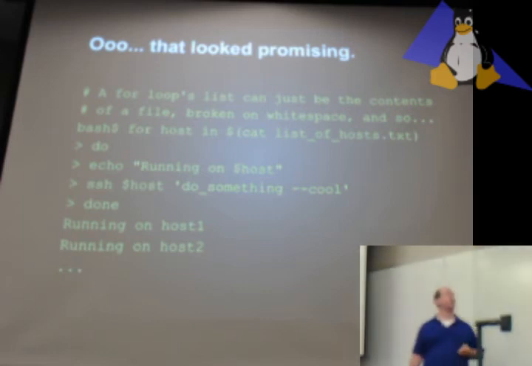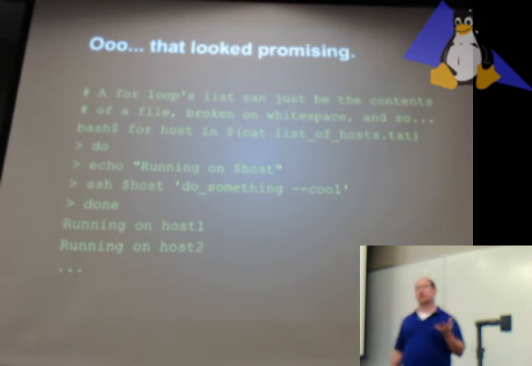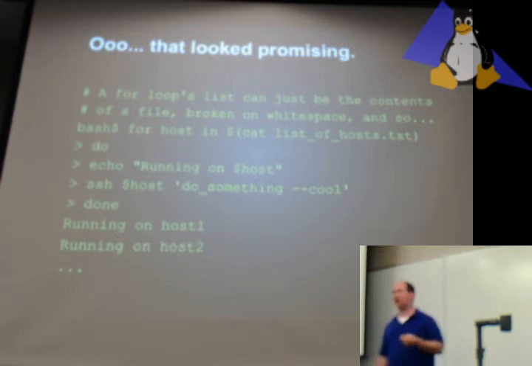So a for loop's list is just a list broken on white space, which can be entries in a file, with newlines and everything. So the $(...) is roughly equivalent to the backticks, so it just shows up a little better on the screen.